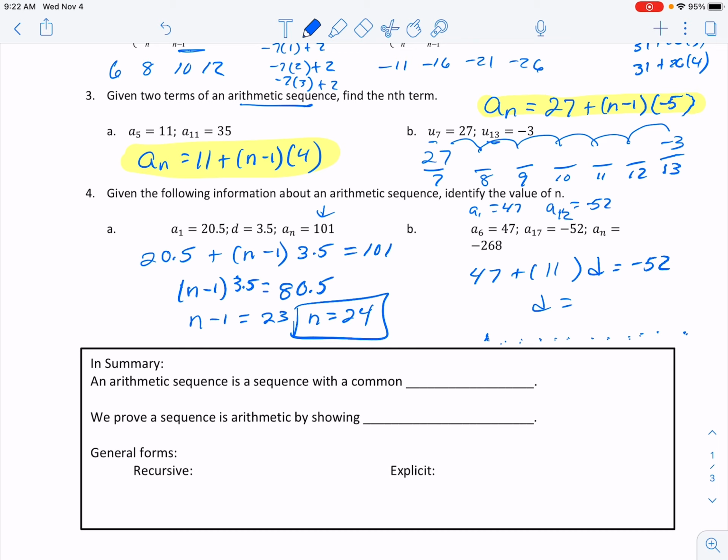All right. So let's back up again. You have negative 52. Negative 52 minus 47 is negative 99. Divided by 11 is negative 9. And then we need a to the nth.